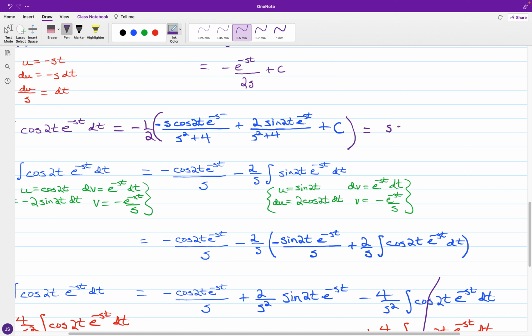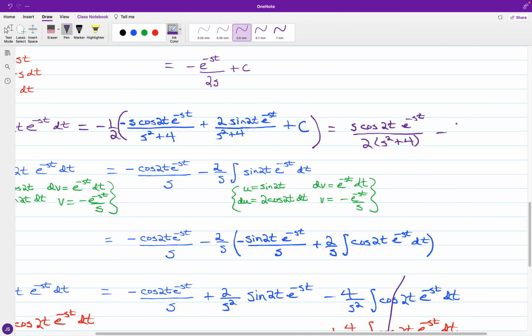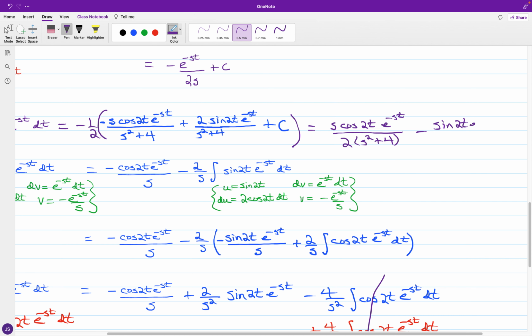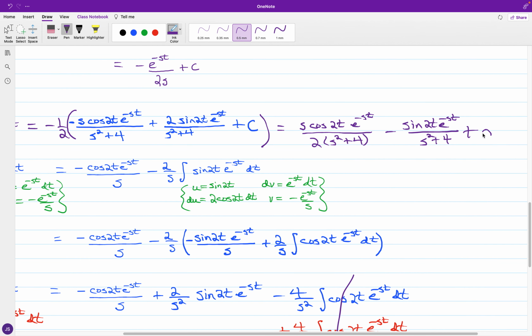So we have s cosine of 2t times e to the negative st, all over 2 times the quantity of s squared plus 4, and you're going to have minus 1/2 of 2, so that's going to be minus the sine of 2t e to the negative st, and we have minus c over 2, and you can just write this as alpha.